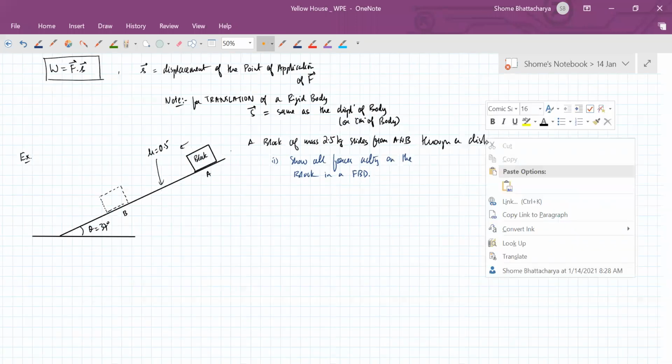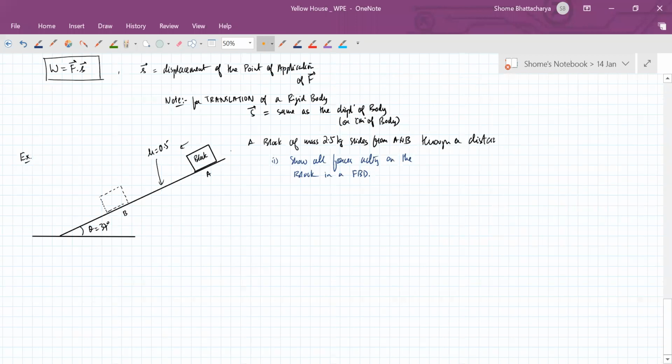So the block slides from A to B, which is a distance of 10 meters, let's say.